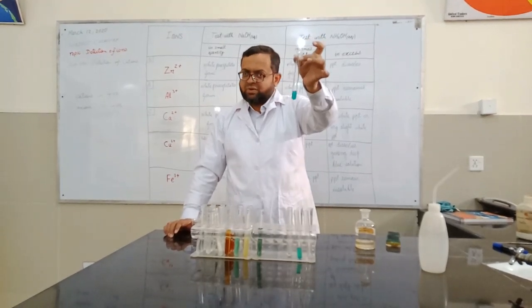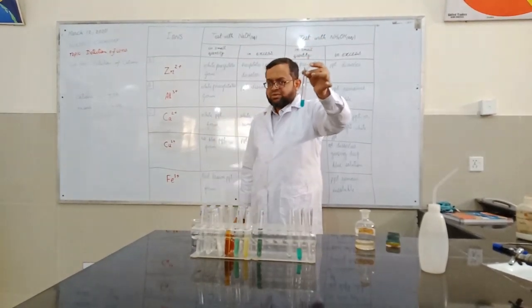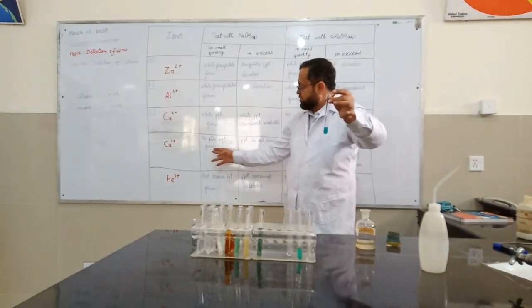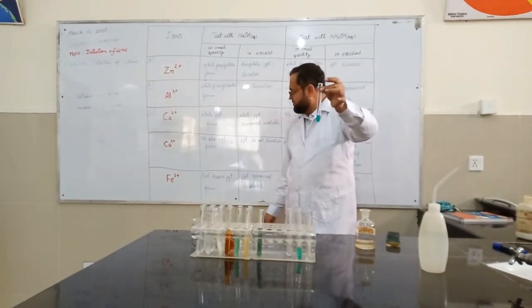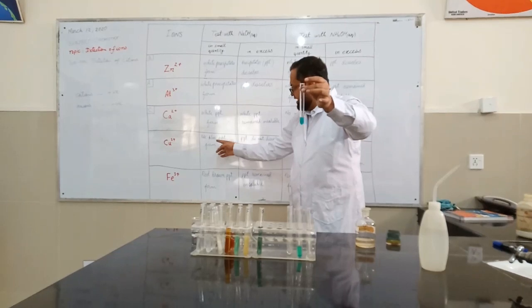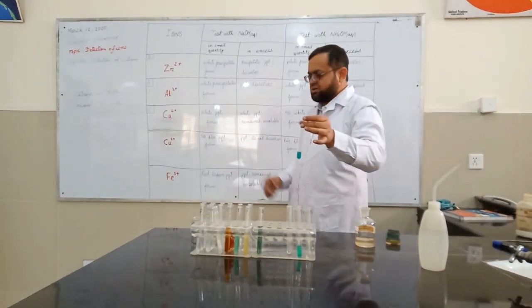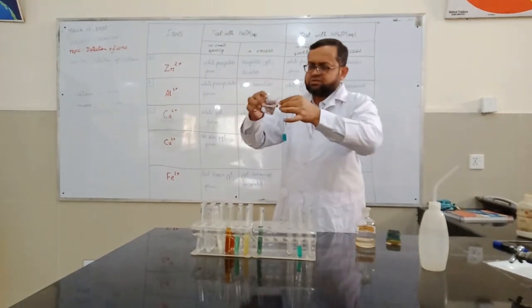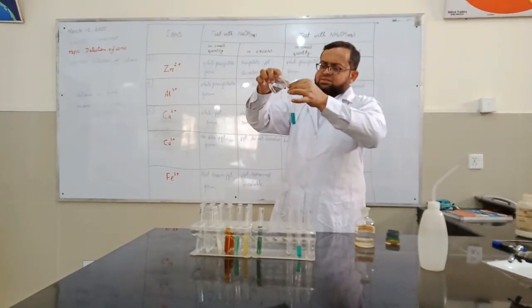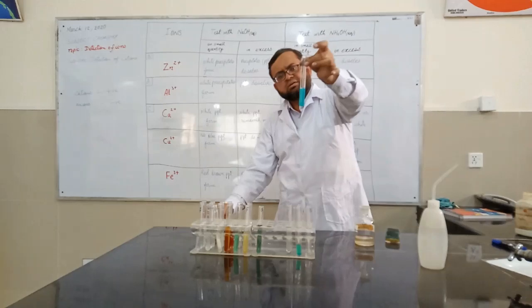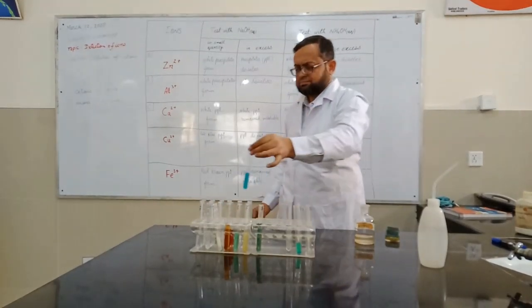So this light blue precipitate shows the presence of copper ions. Pale blue or light blue are similar things. The precipitate does not dissolve. So first, yes, the precipitate remains insoluble. You can observe this.